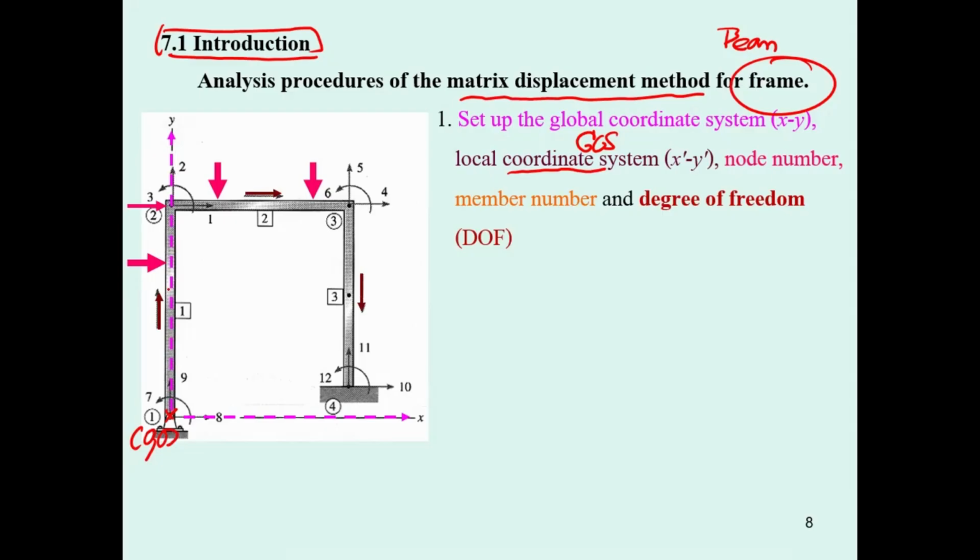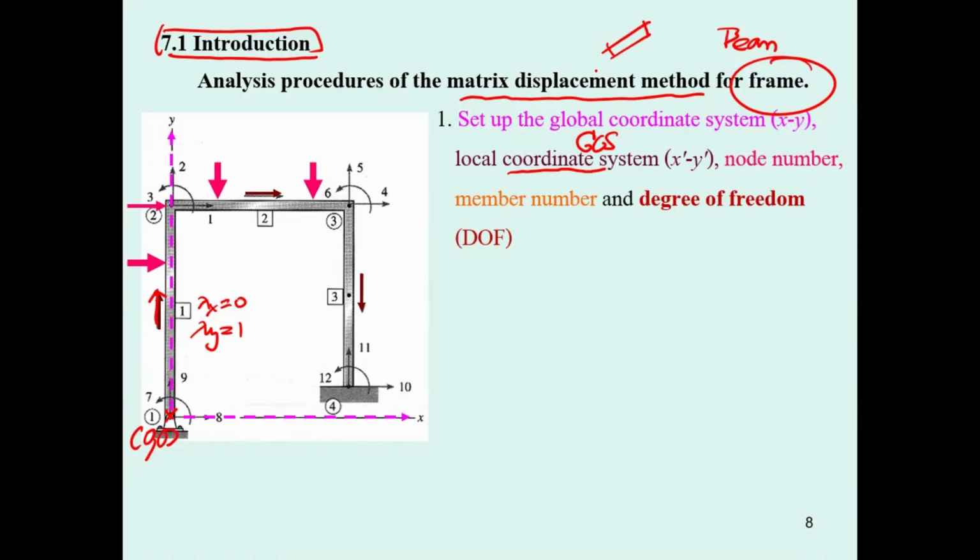For example, if you have this kind of local coordinate system, that means lambda sub x equals 0, lambda sub y equals 1. You don't need to do the calculation for an inclined member, and this is going to help.